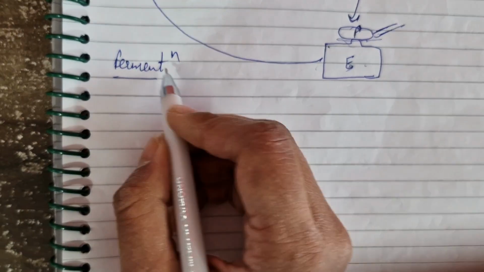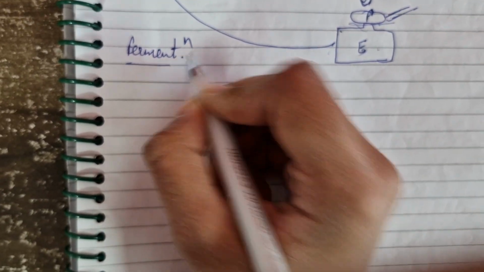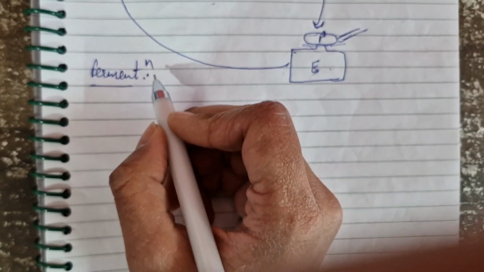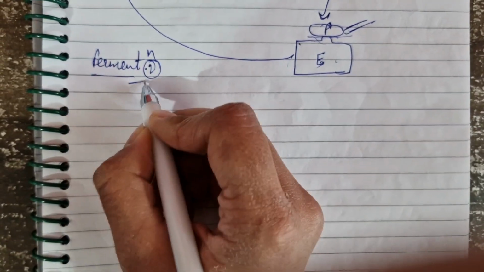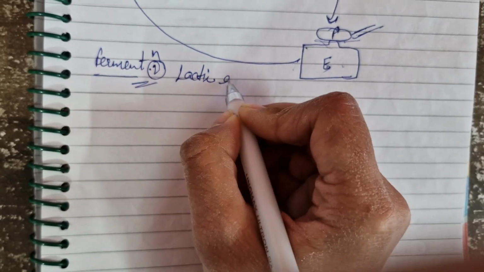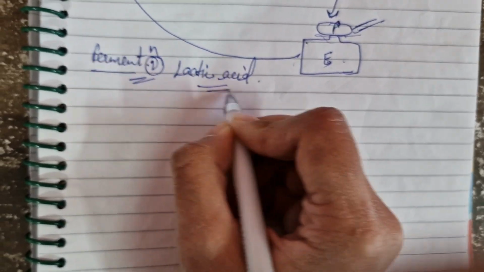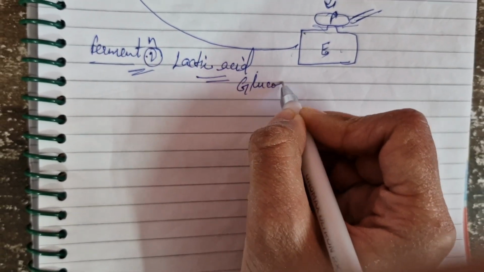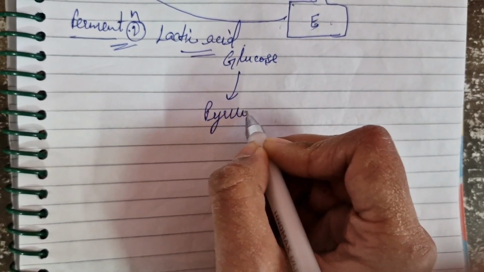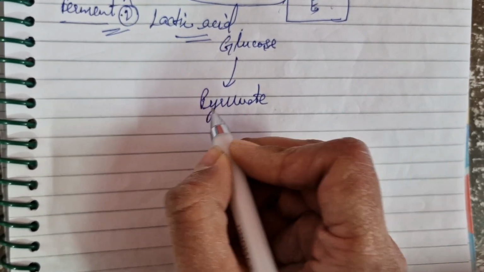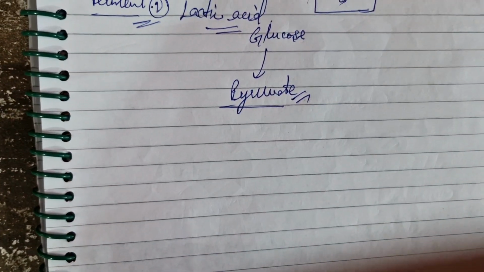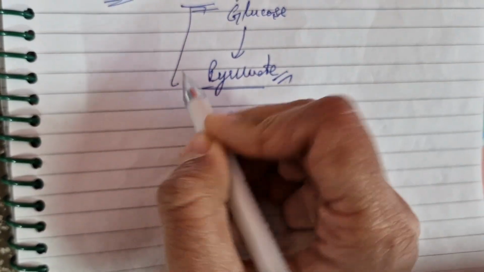As explained earlier, fermentation is of two types: lactic acid fermentation and alcoholic fermentation. First of all, we will discuss lactic acid fermentation. In this, glucose gets converted into pyruvate, which we saw earlier in the process of glycolysis.